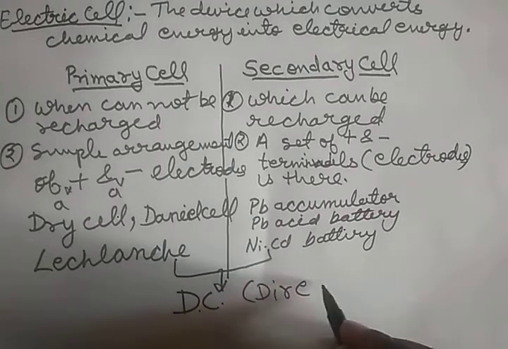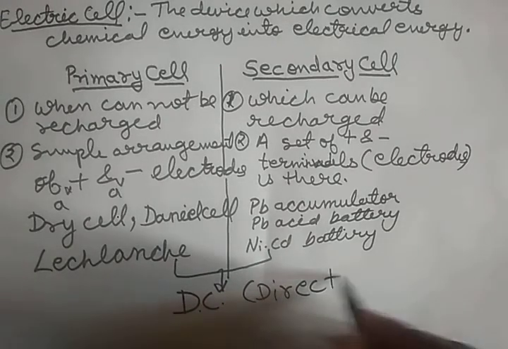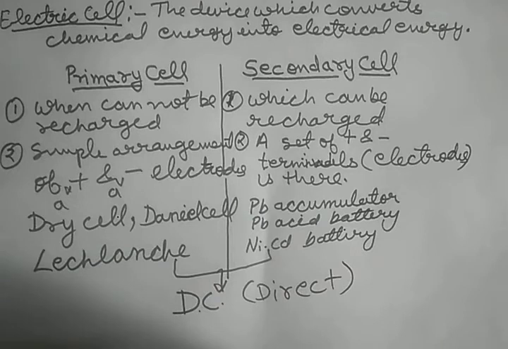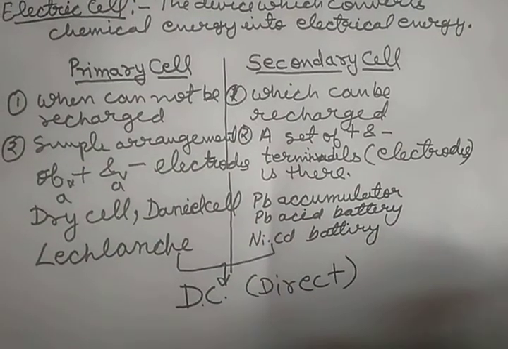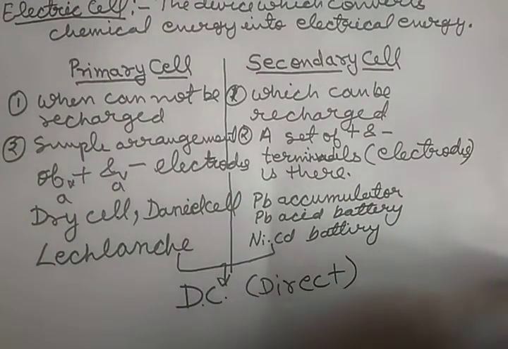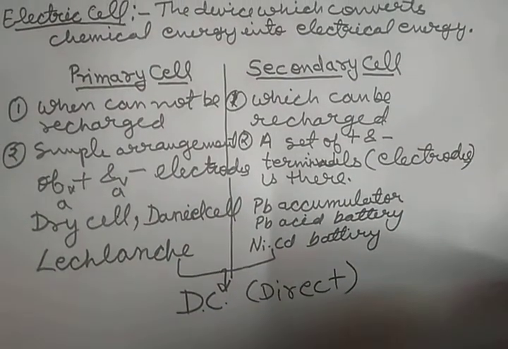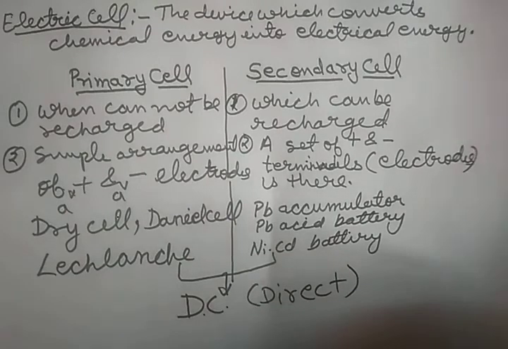Well, in current section we didn't discuss about it because they don't have some wide application in your syllabus. But just in order to tell you about DC and AC, I will give you a quick distinction between them.